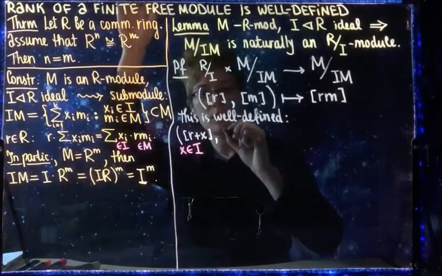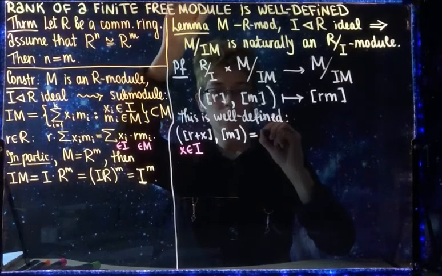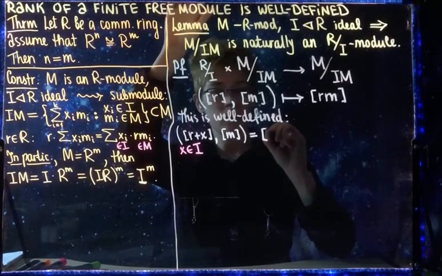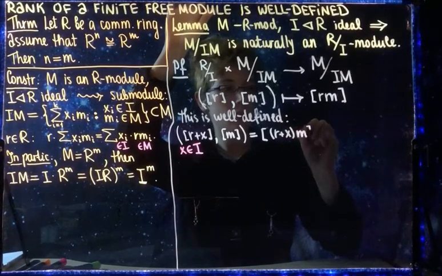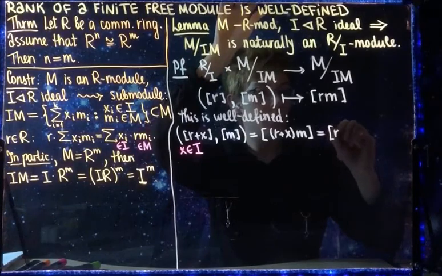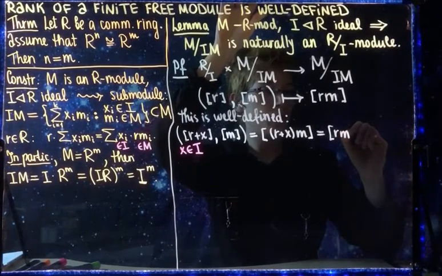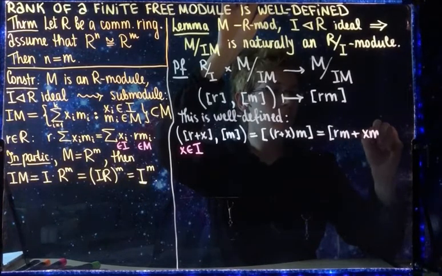How this element acts on M. I get that this is defined as (r plus x) m. And by distributivity in the axioms for modules, I get that this is equal to rm plus xm.